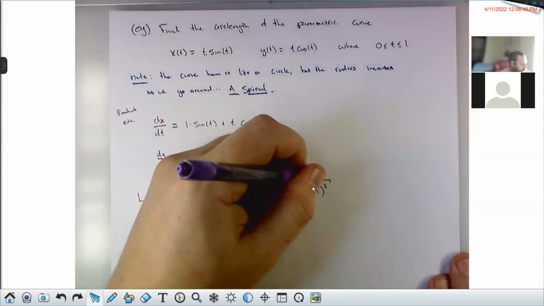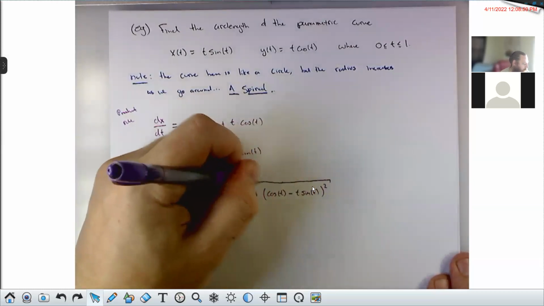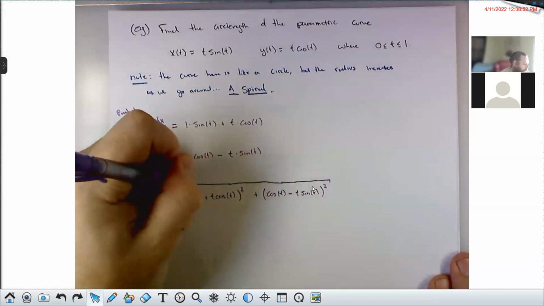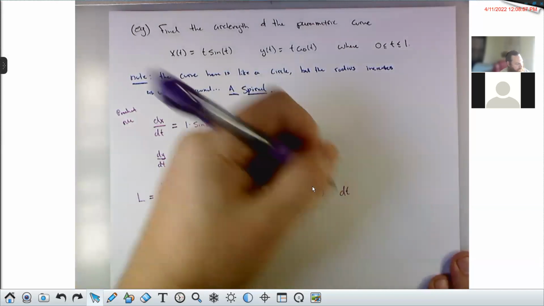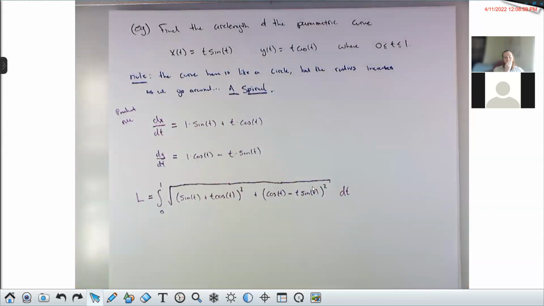And all of this is under the radical, and dt. Quick reminder, the square root and these squares do not cancel because of this addition. If you've got things added up under a square root, you can't take the square root separately. Square roots do not play nice with addition or subtraction. So we can't get rid of the square root easily.